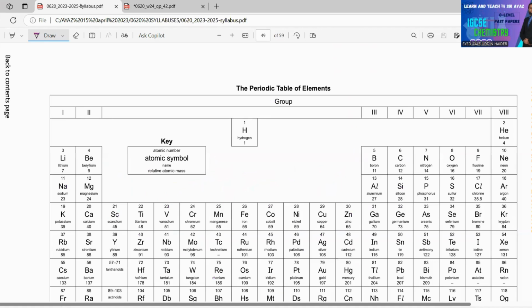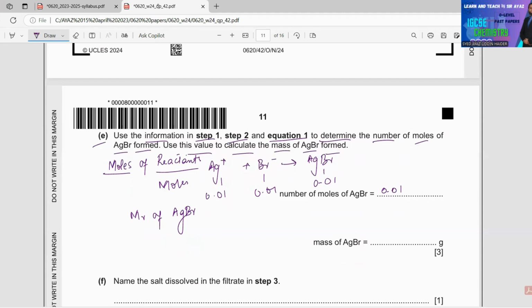If you look at the periodic table, here is Ag, so 108 will be the Ar of Ag. What about Br? Here is Br in group 7. For Br, it's 80. 108 plus 80 becomes 188.